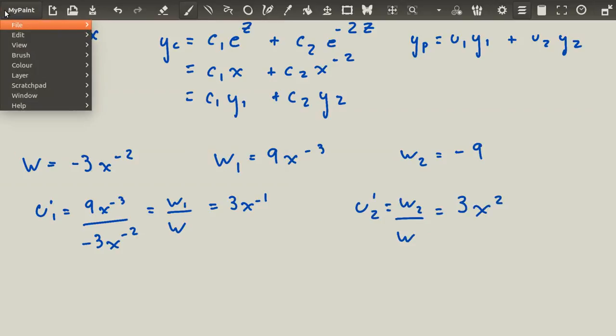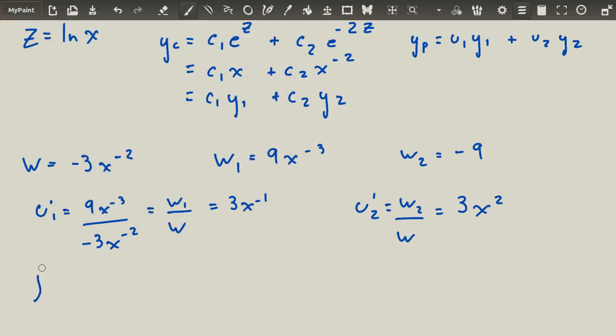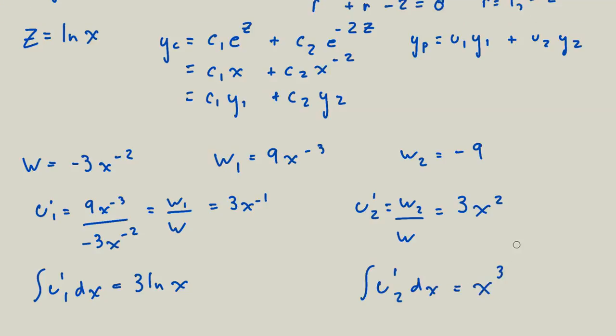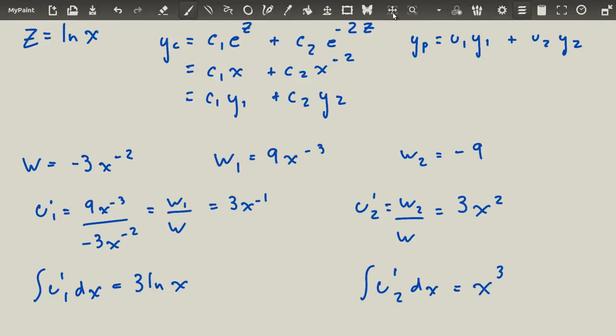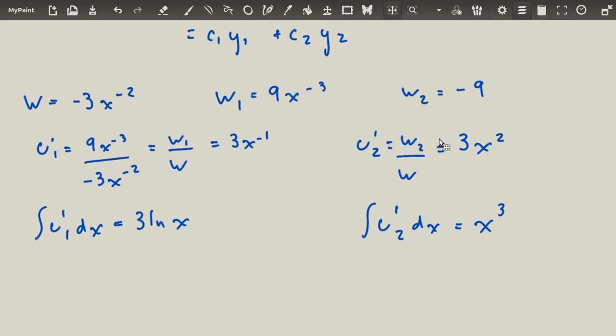Now we'll integrate both of these equations, so the integral of u prime 1 dx is equal to 3 ln x, and the integral of u prime 2 dx is equal to x to the 3.